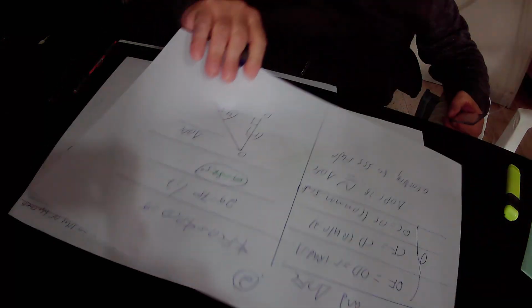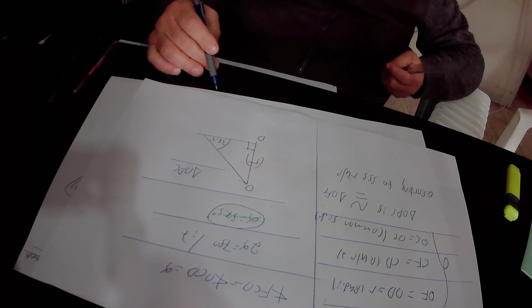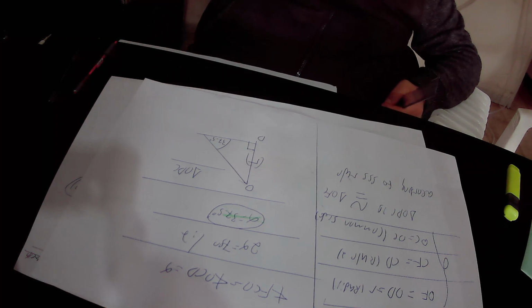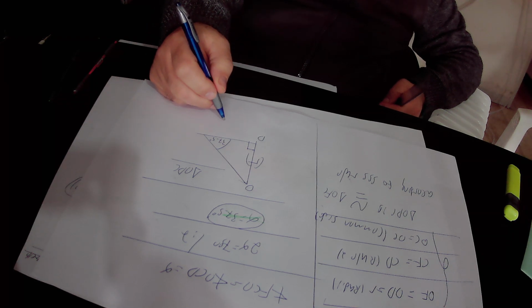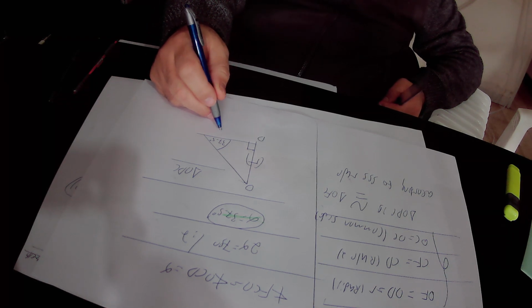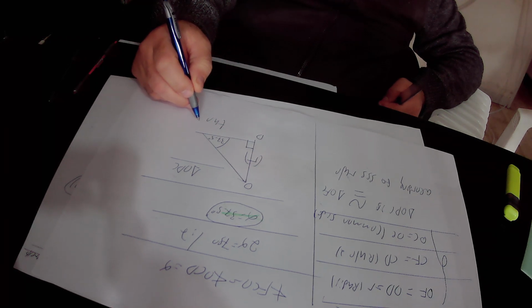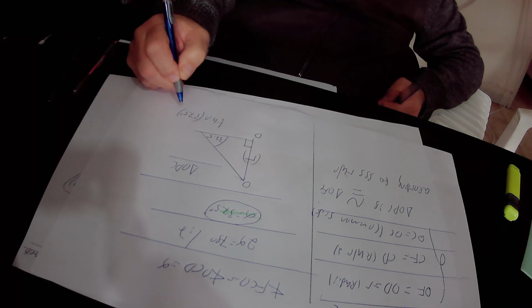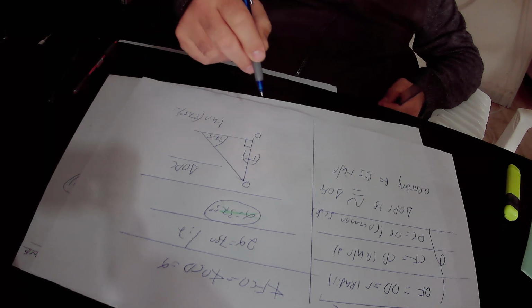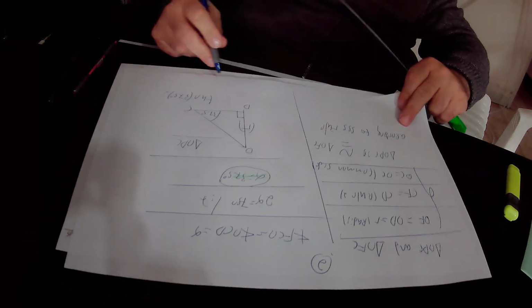In this right triangle ODC, tangent 37.5 degrees equals OD over DC.